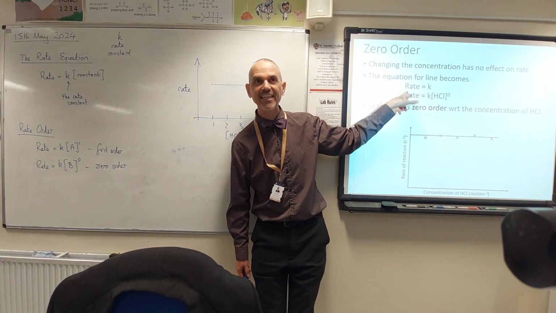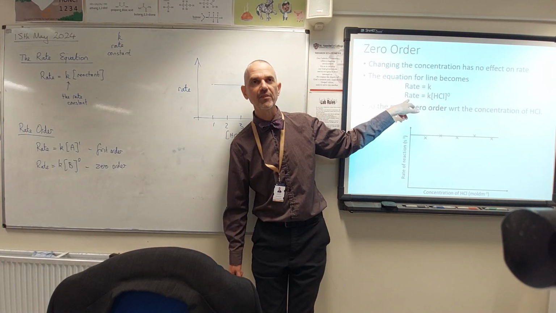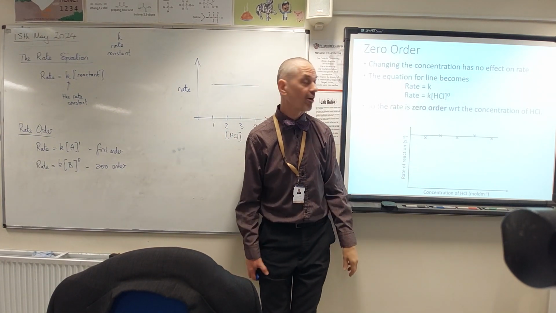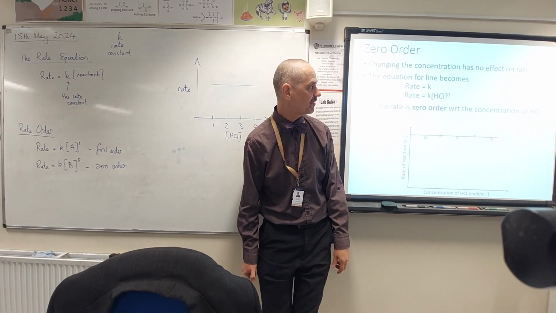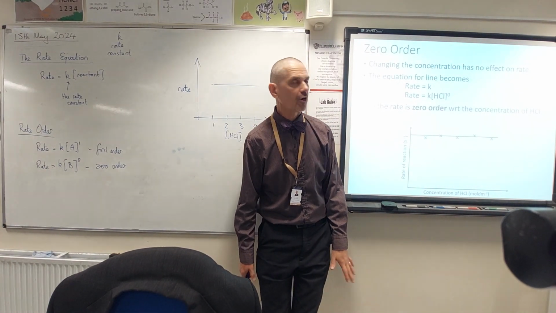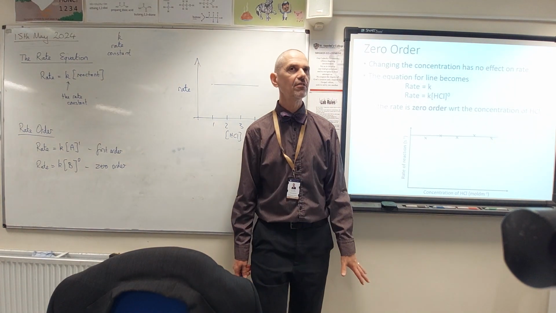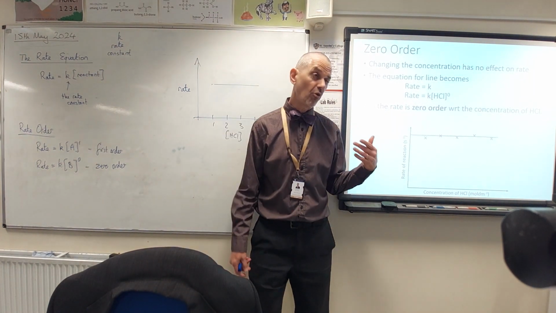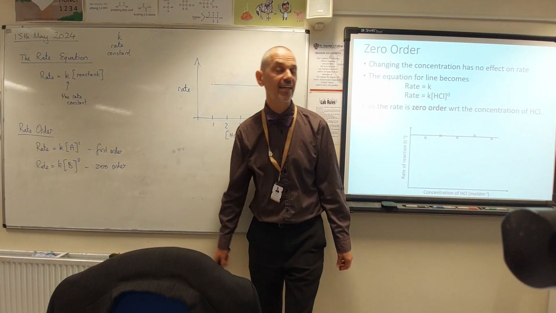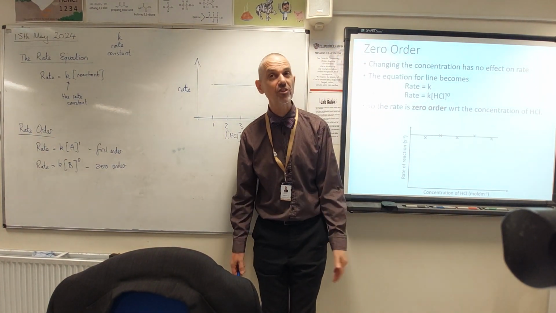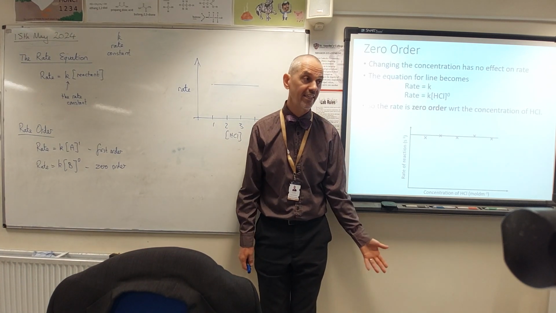In fact, mathematically, those two are identical. HCl to the power 0 and nothing there at all has the same effect on K. So a 0 order reactant, or the reaction is 0 order with respect to a reactant, means that changing its concentration has no effect on rate.